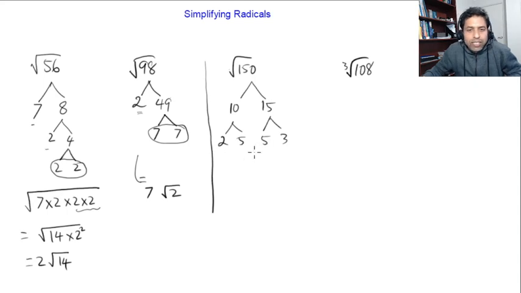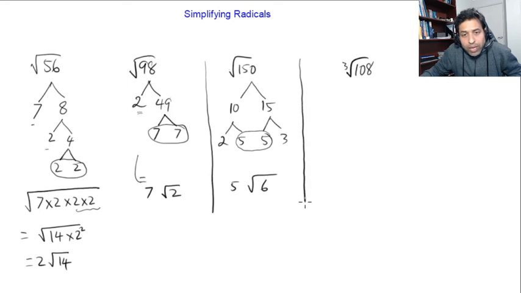Now if we look at all our prime numbers, 2, 5, 5, 3, we have only one pair here. From that pair, the 5 is coming out, and inside it will be 2 times 3, which is 6. So 5 square root of 6 is the simplified form of the radical square root of 150.